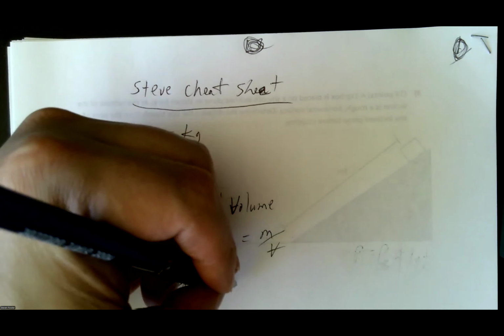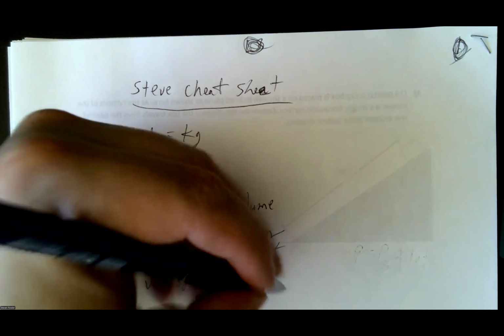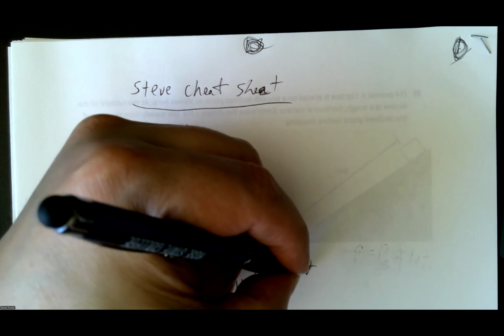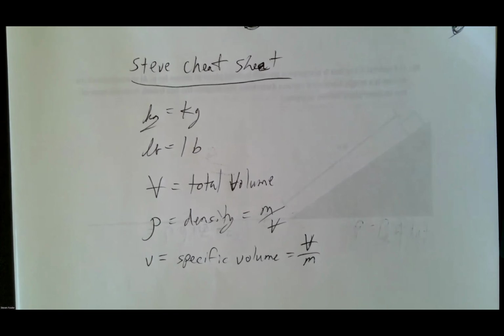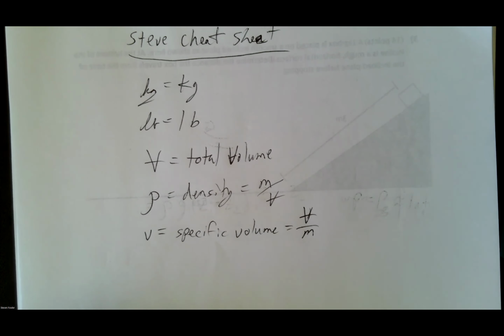So we've already introduced this concept of taking a capital variable, dividing by mass, and representing it with the lowercase variable. That is a very common thing, as I've said several times now. It's a common thing that we will use throughout the semester. You'll use it in later thermal science courses as well.